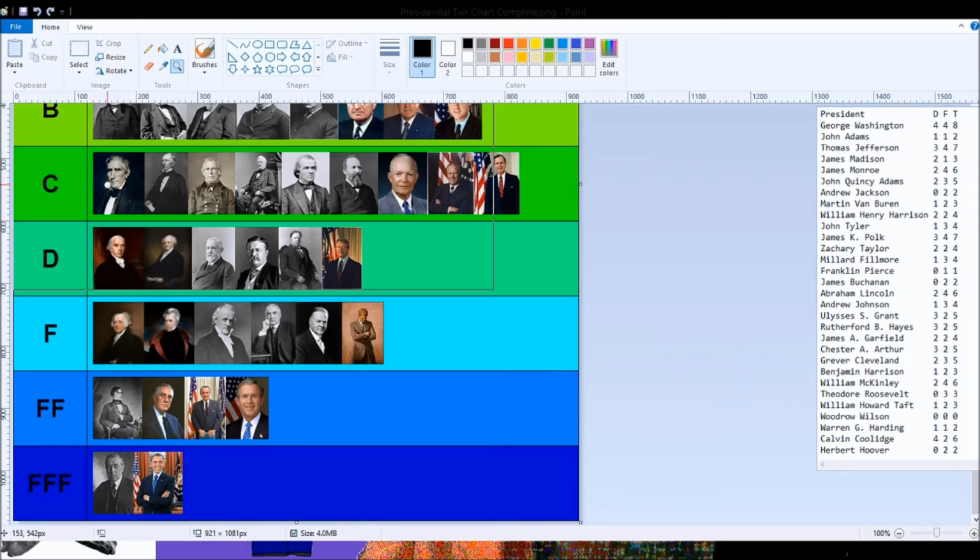who gets a 2 and a 2. He didn't achieve much while in office. He also didn't ruin anything. And the reason he didn't achieve much was because he died very quickly once in office, and was soon succeeded by John Tyler.